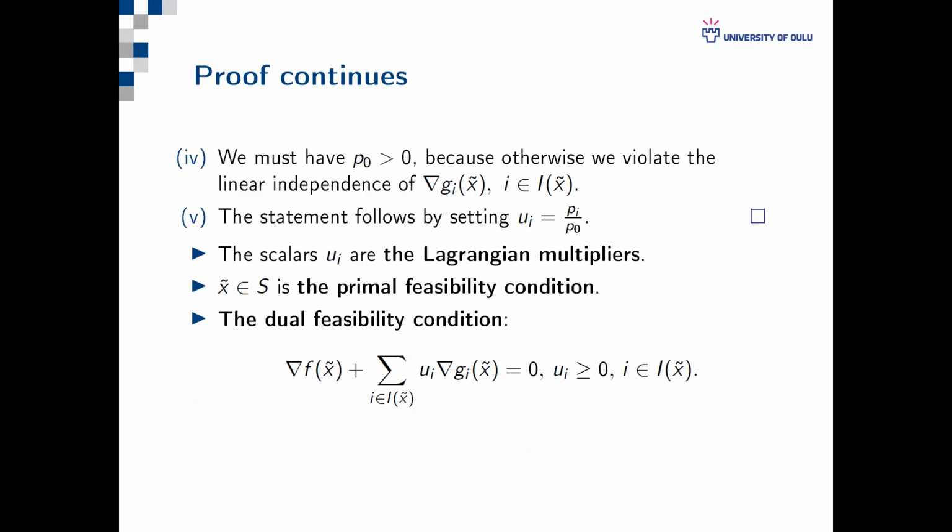So we have this condition for our minimum point. It is a necessary condition. If I have a minimum point, then there must be these Lagrangian multipliers such that this sum of gradients is 0, with non-negative coordinates u_i.